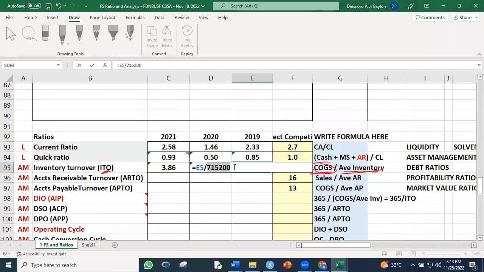So it's still 715,200. So even if the previous figure did not have any value, the average of 2019 and 2018 is still 2019. Okay, so you should be getting 4. Kindly check your formula, Rafi. It's E5 divided by average of E21, F21. Okay, sir. Okay, did that address your question?